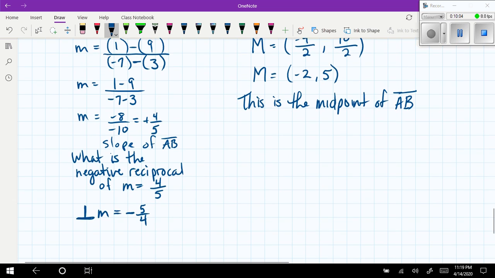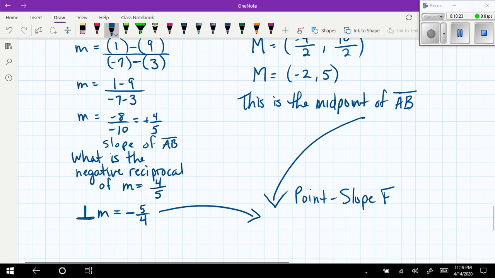Alrighty. So we are going to take this slope and this point, and we are going to use something called point slope form of a line.